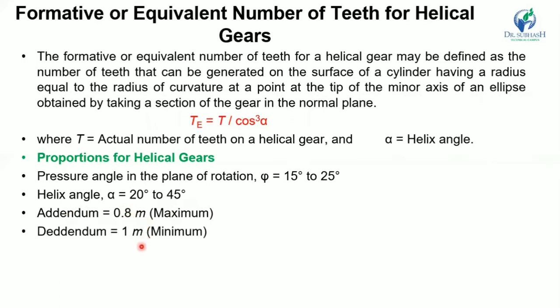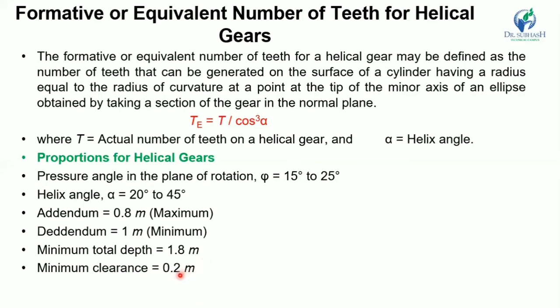Dedendum is taken as 1 module, the minimum value. Minimum total tooth depth is equal to 1.8 module and minimum clearance is equal to 0.2 module. Thickness of the tooth is taken as 1.5708 module. So these are the standard values we have to consider for the design of the helical gear.